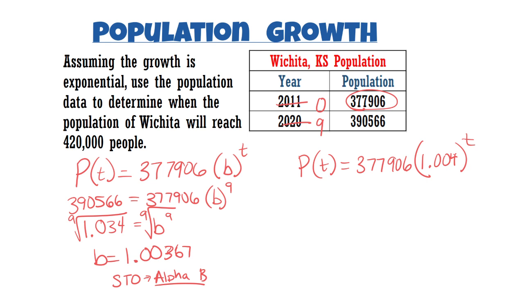Okay, so I'm going to type that into my Y equals menu. I'm going to change this to Y1, just for the sake of our notes. And then in Y2, I'm going to put 420,000 because that's what I want the Y to actually equal.